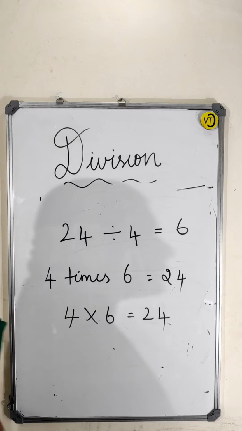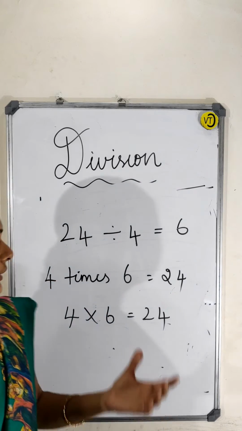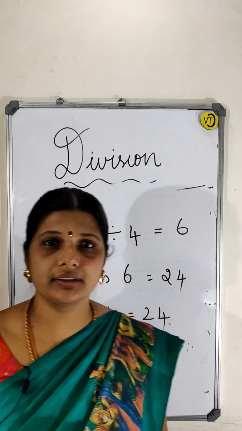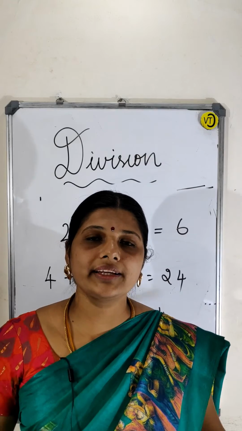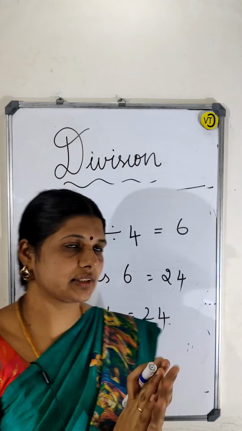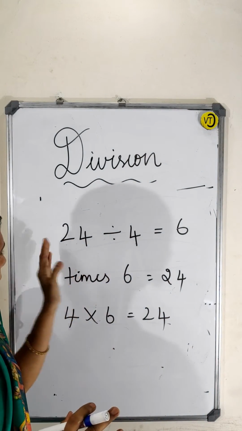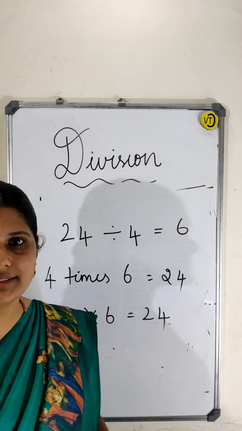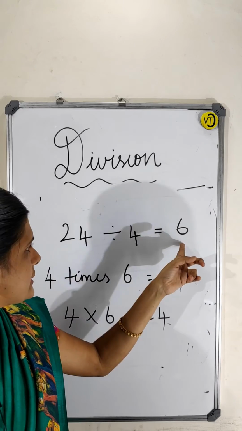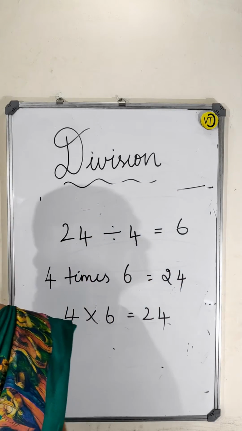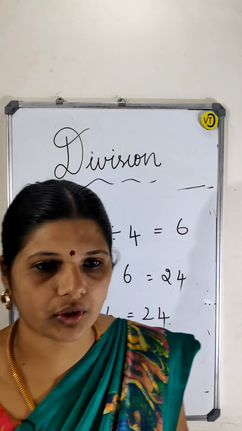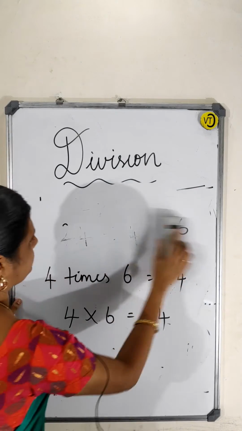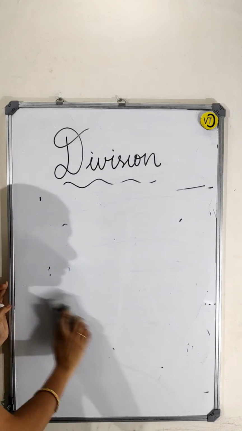So what I am telling here is, multiplication and division are inverse processes. So this way, 24 by 4 is equal to 6. If you come this way, 6 into 4 equals 24. This is the inverse process. Yeah. Okay.